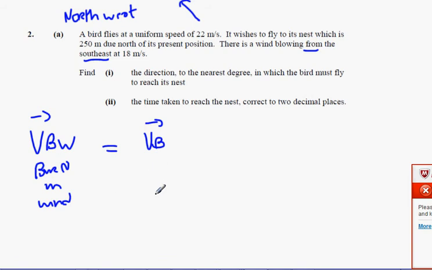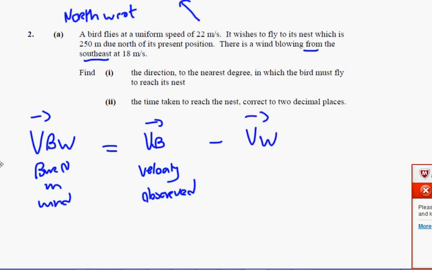If there's a person on the ground looking up at the bird, he sees the bird travelling to its nest. So the bird does indeed travel north. So what's the velocity up there? Just the velocity observed. And then minus velocity of the wind.